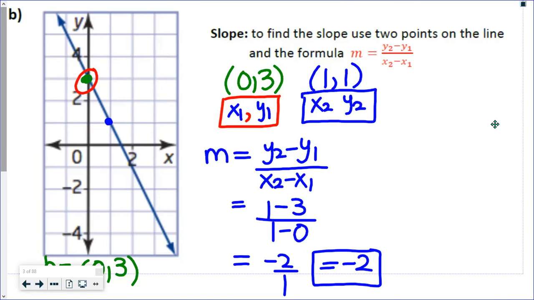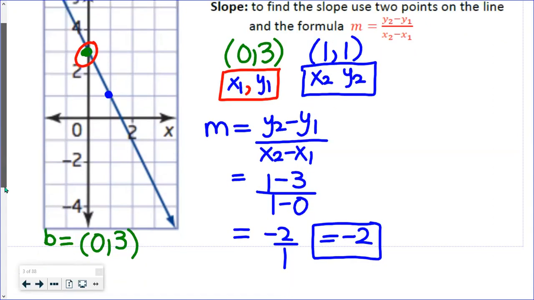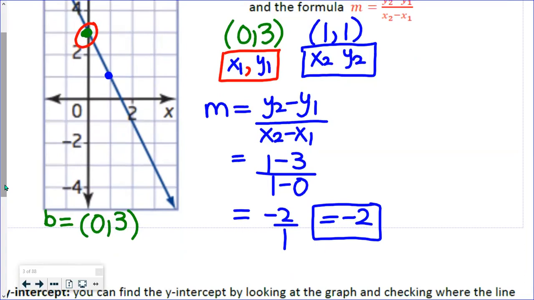So I have y2 minus y1, 1 minus 3, over x2 minus x1, 1 minus 0. That gives me negative 2 over 1, which is a slope of negative 2. That makes sense. We're losing followers.